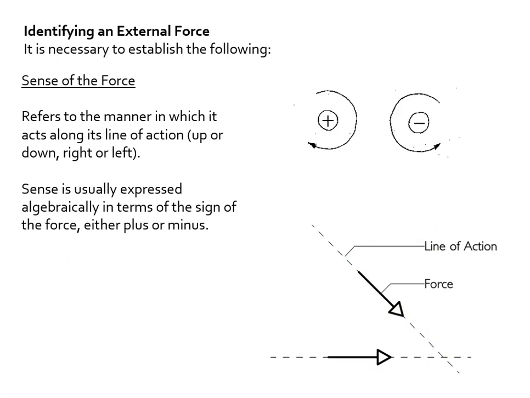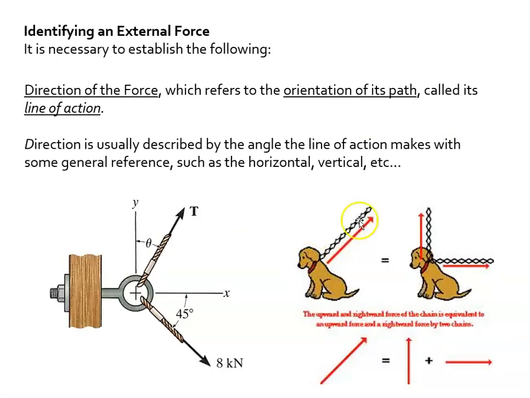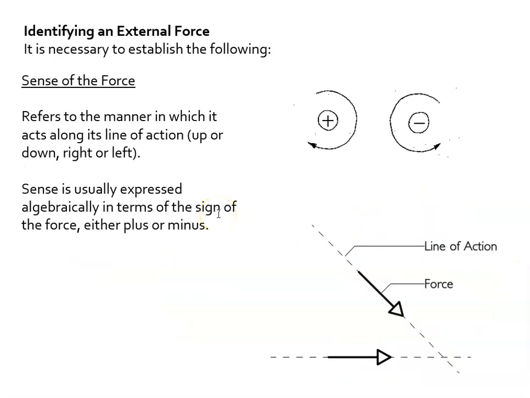And then forces also have a sense. That refers to the manner in which it acts along a line of action, up or down, left or right. So basically we've established that there are these lines, and the next step is to put the arrows on them and talk about which direction they're actually heading.